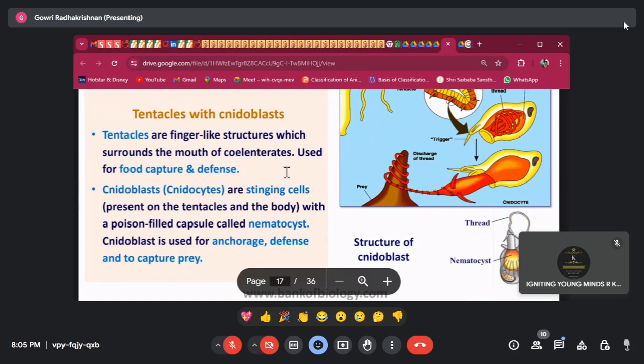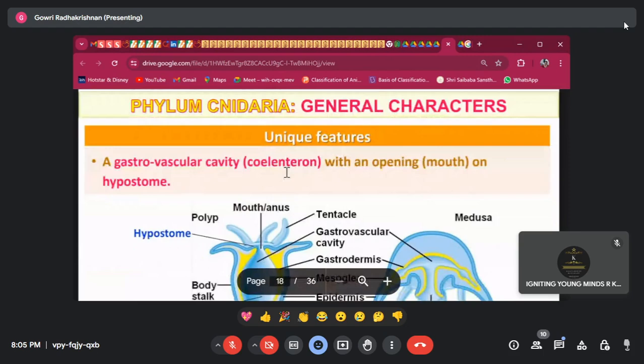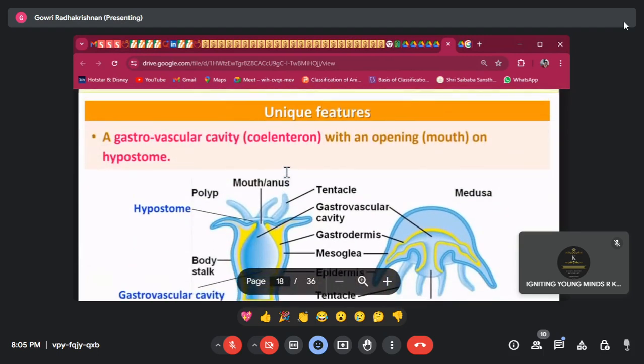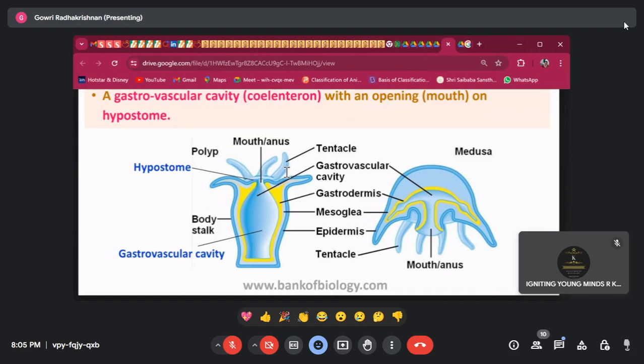Cnidoblast is used for anchorage, defense, and to capture prey. A gastrovascular cavity, that is coelenteron, with an opening, the mouth on the hypostome. This is a unique feature of this phylum.